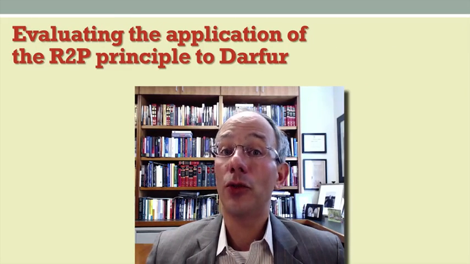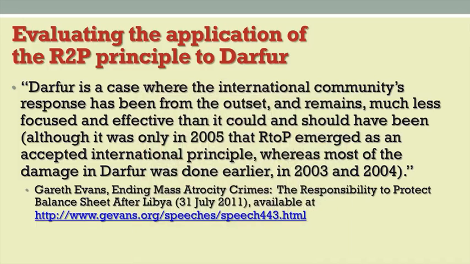And I want to commend to you this statement by Gareth Evans, whose article you've previously reviewed, where he essentially says that the response to the crisis in Darfur has been from the outset and remains less focused and effective than it could and should have been. So he has quite a critical view of the United Nations response, but he does say that it's really only after the crisis started that the R2P principle was first recognized.